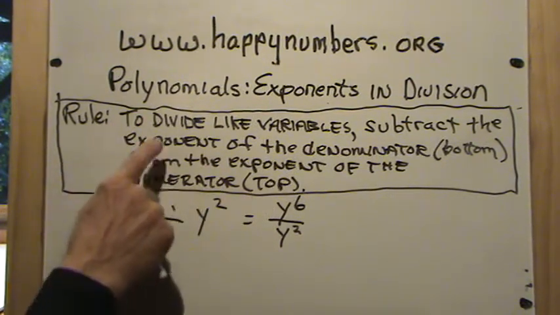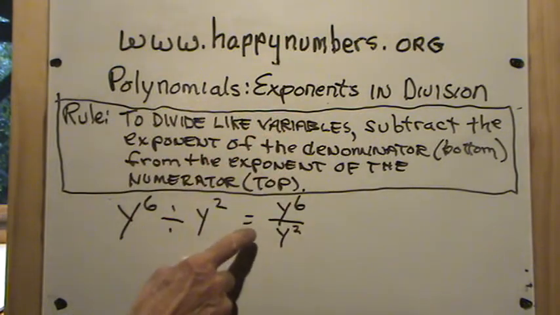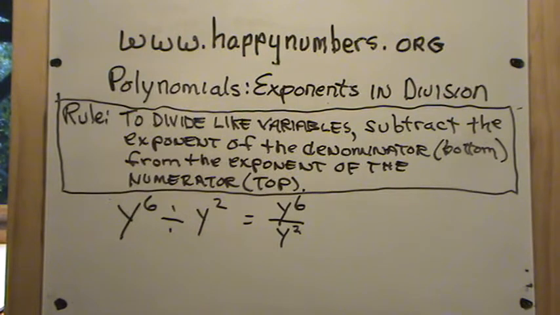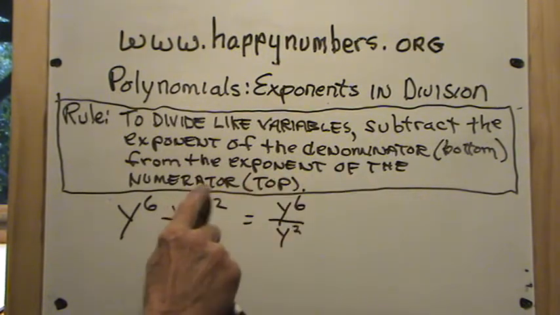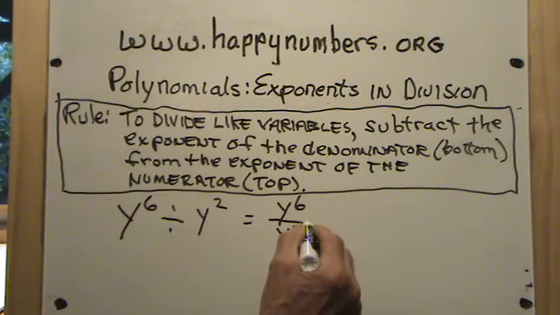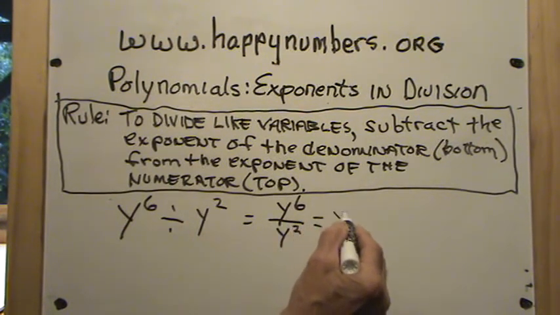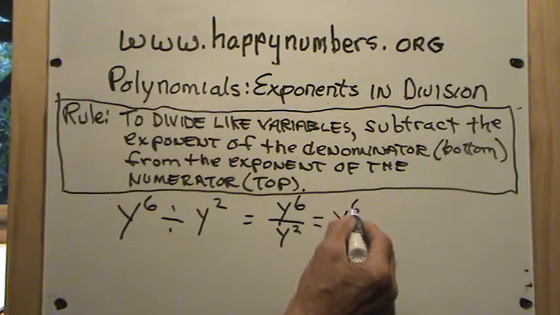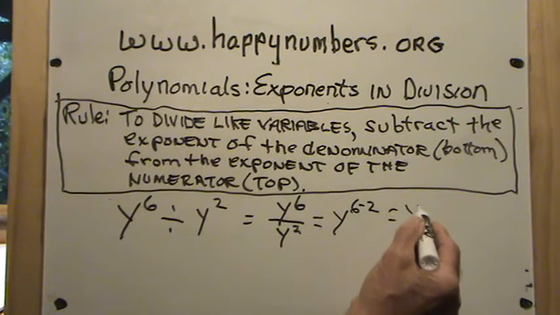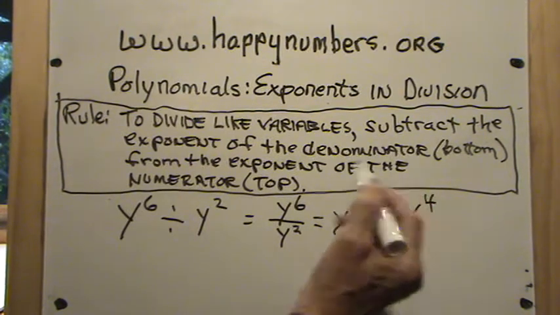Now, the rule says to divide like variables. Both of these variables are the same because they're y's. To divide like variables, subtract the exponent of the denominator from the exponent of the numerator. So it says to subtract 2 from 6. So this would be y to the 6th minus 2, which would be y to the 4th.